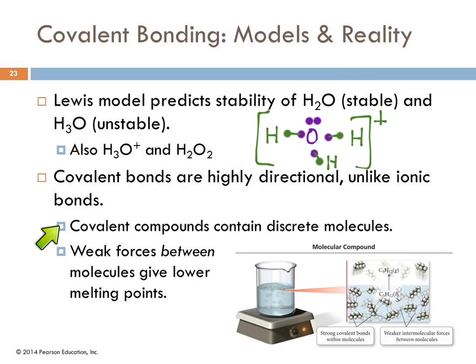So we find that covalent compounds have discrete molecules, and that there are very weak forces between the molecules, and so covalent compounds tend to have much lower melting points than ionic compounds. Ionic compounds have these attractions in 3 dimensions, and so they melt at much higher temperatures.